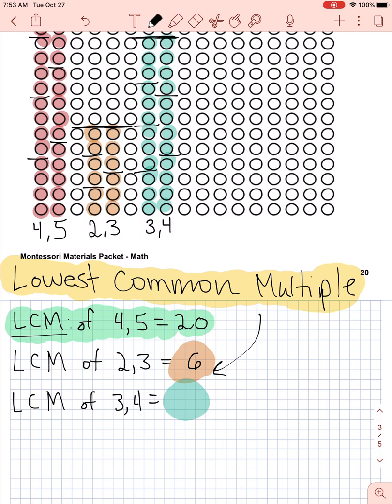Ah, there we go, right? Just barely fit. All right, how much was that? That was 1, 2, 3, 4, 5, 6, 7, 8, 9, 10, 11, 12. That's 4 times 3 is 12, or 3 times 4 is 12. The lowest common multiple of 3 and 4 is 12.